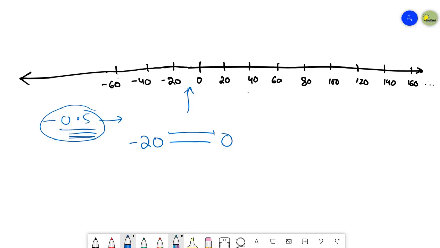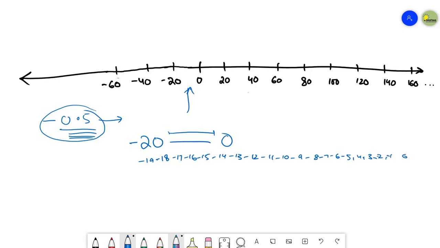Minus 20, after minus 20, I have minus 19, then minus 18, then minus 17, minus 16, minus 15, minus 14, minus 13, 12, 11, 10, 9, 8, 7, 6, 5, 4, 3, 2, 1, and then 0.